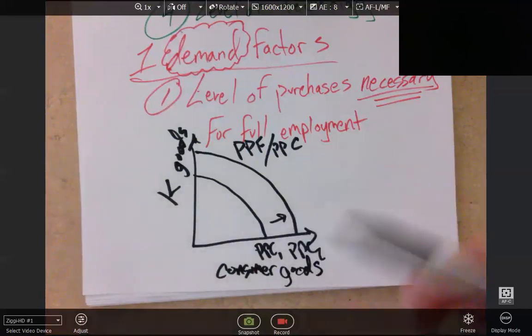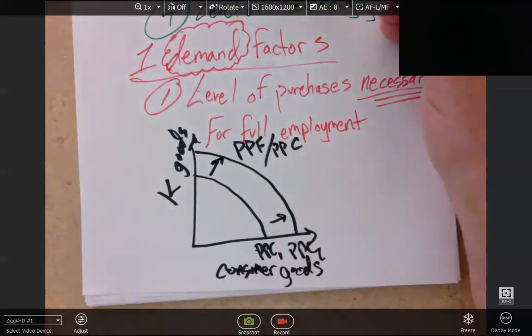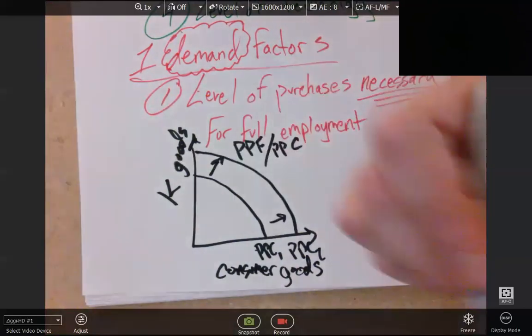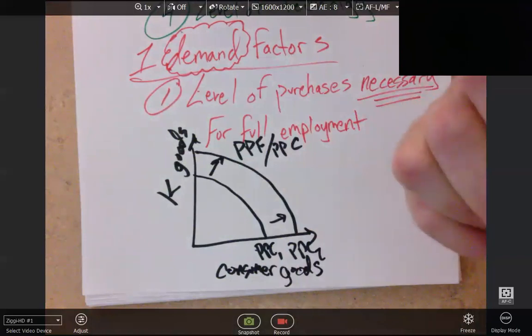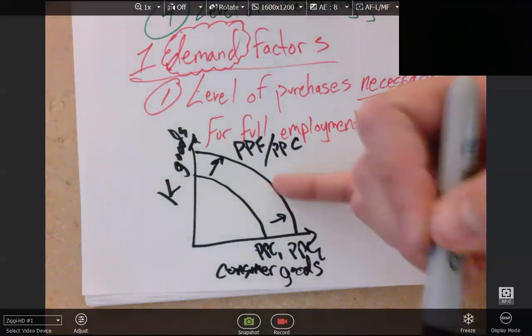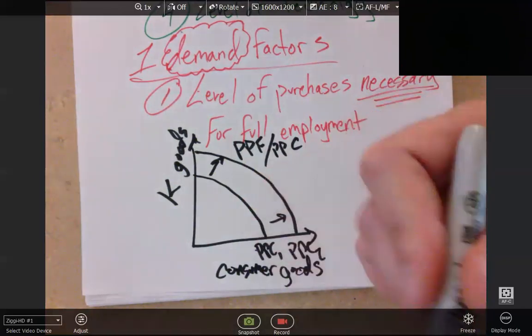Doesn't matter, but it's just saying that with a given level of input, right? With so much natural resources, human capital, and then so much spending on capital goods and consumer goods every period, we're going to have this amount of economic production, this amount of capital goods and consumer goods enjoyment.